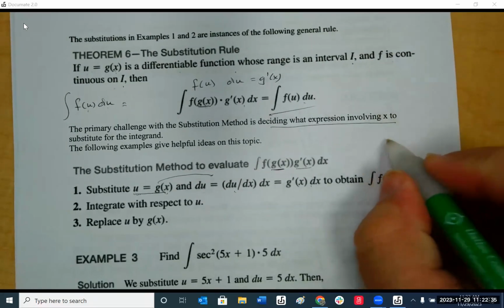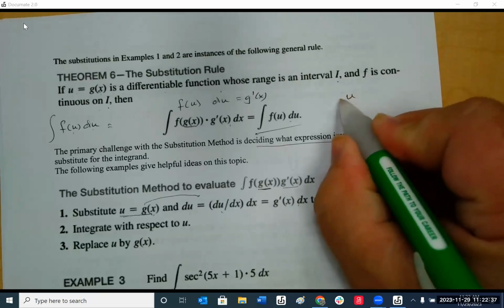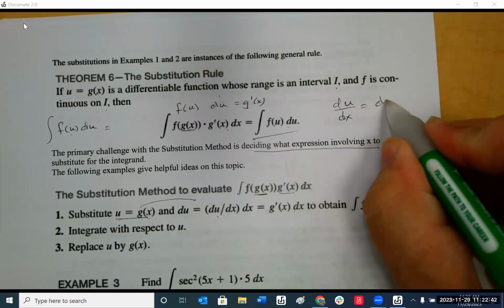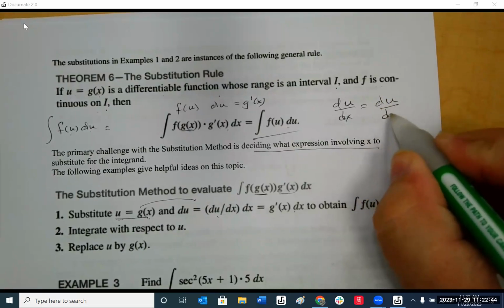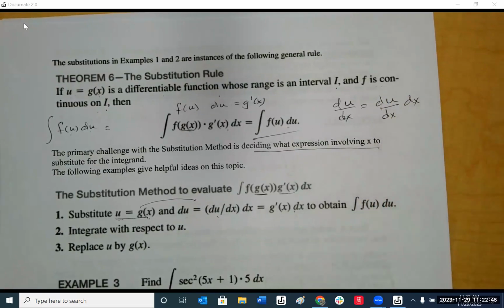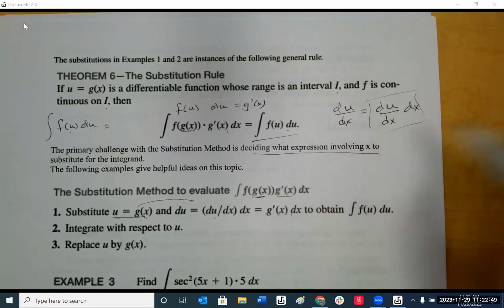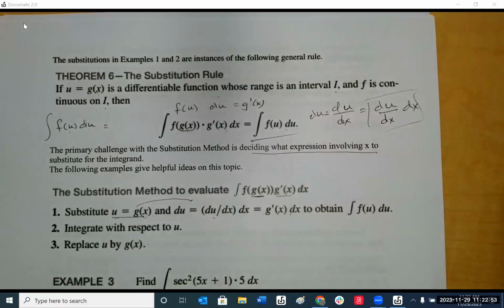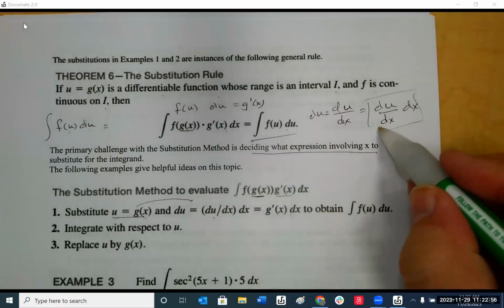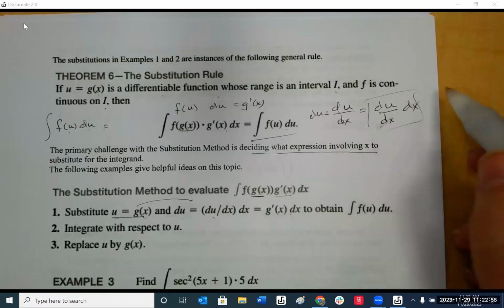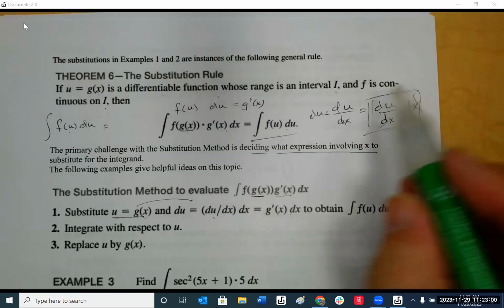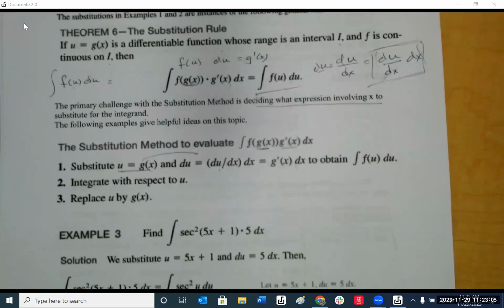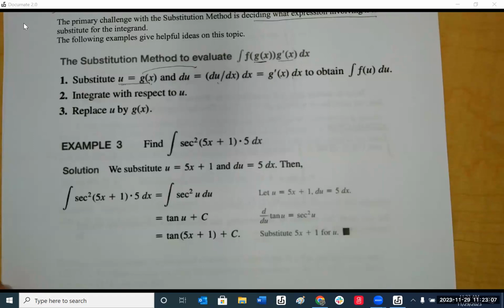Yeah, because whenever you take the derivative of u with respect to x, what it really becomes is du with respect to x times dx. Right, okay. But instead of writing all this stuff, we just put du down. Mathematically, we're saying that these cancel each other, but this is what we should be writing, but instead we just put the simpler du.